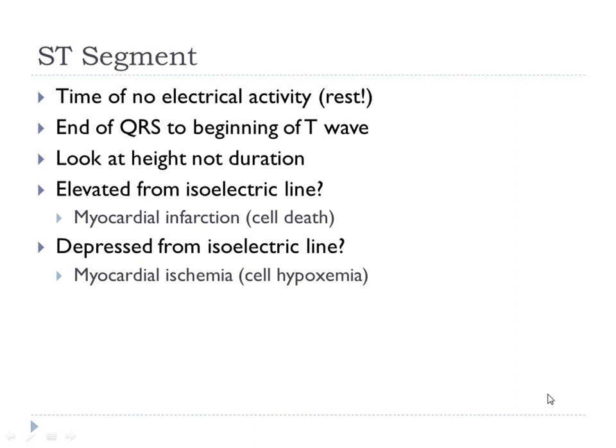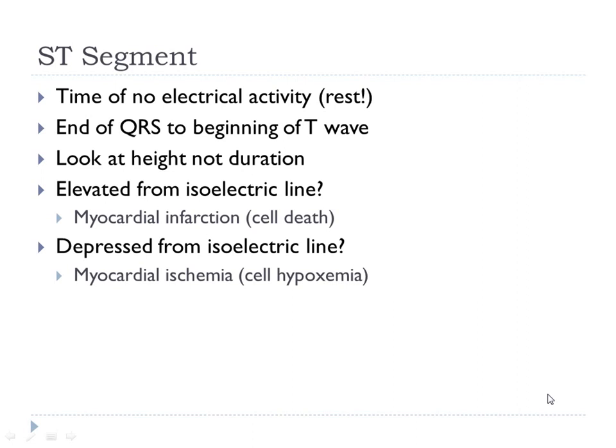All right, and I think I already said this, but if the ST segment is elevated, that tells you that there's acute infarction. So infarction means cell death. And then ischemia means that there's a deficient flow of oxygen to that part of the heart muscle. And that is often symbolized by ST depression.